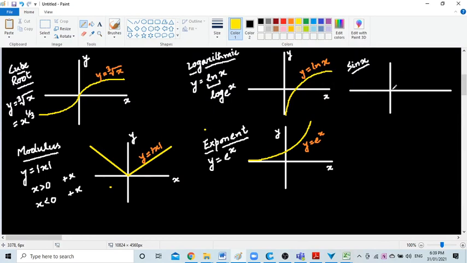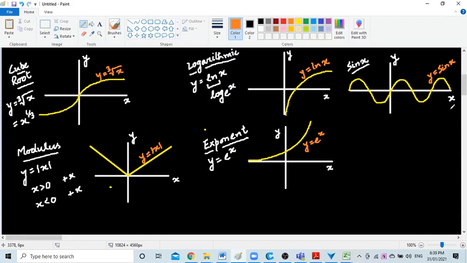Now the sin x can be represented over the graph by this function, like this. All right. So here this is x and this one is y, and here y equals sin x.